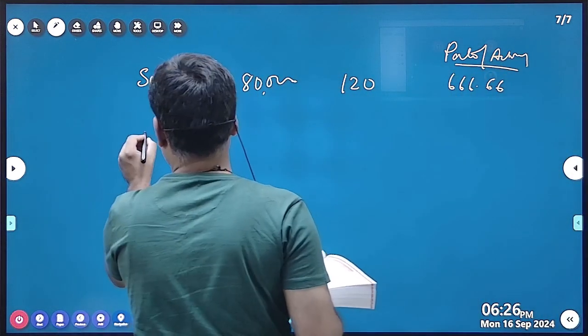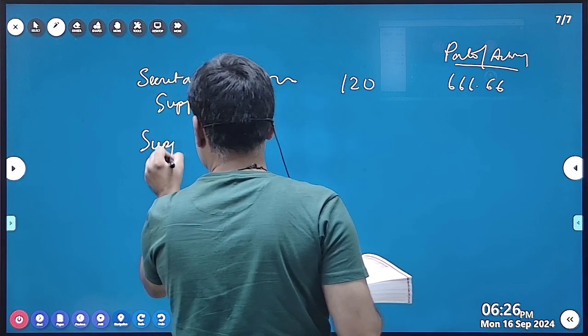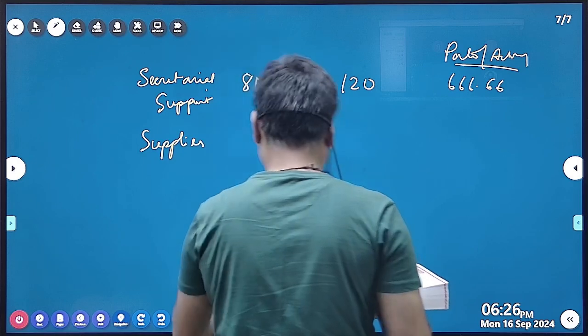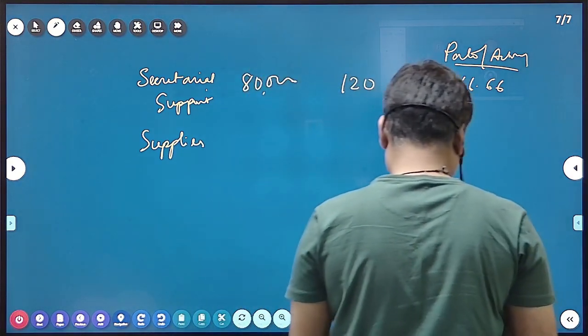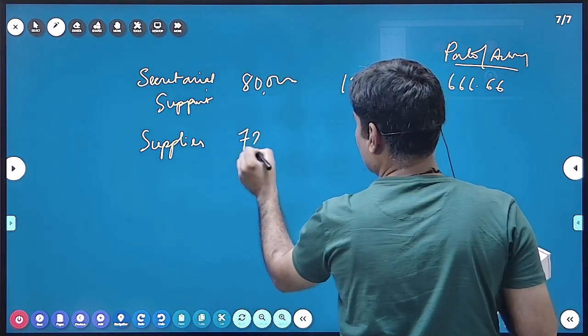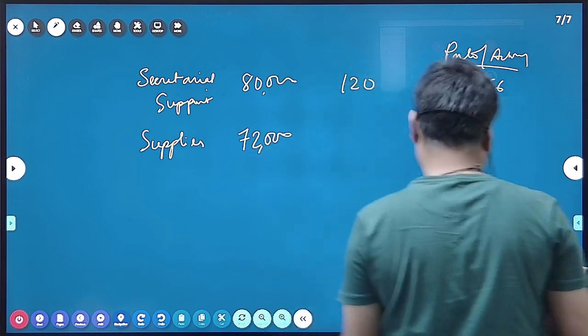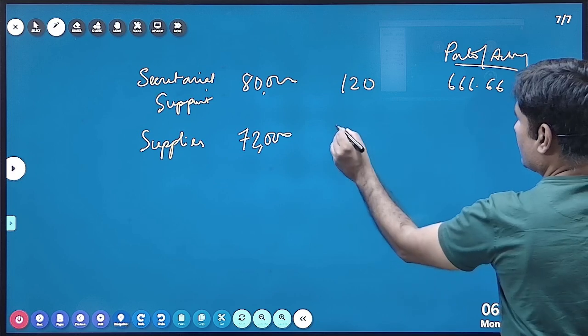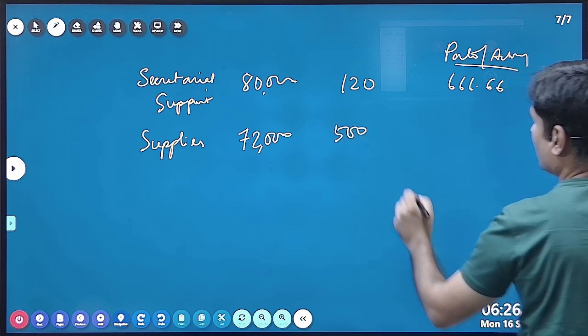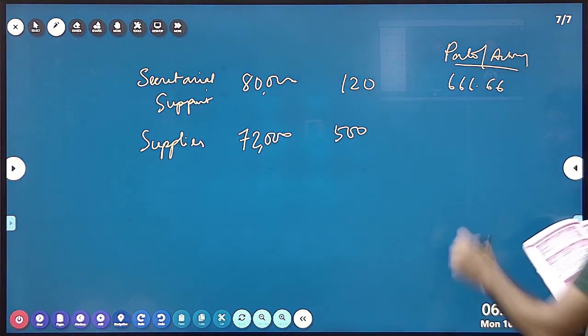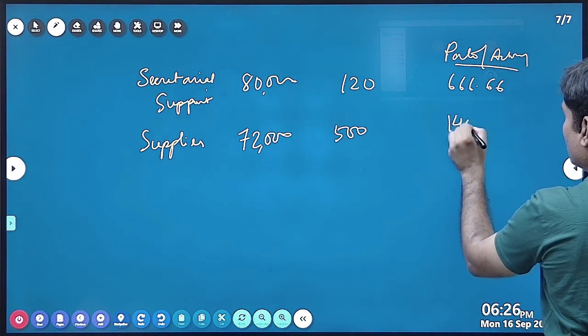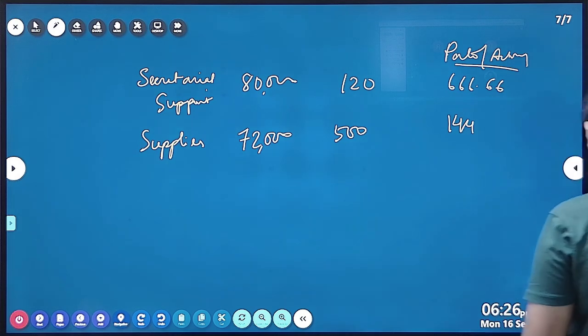Then supplies. Supplies is 72,000, so the rate is 144.